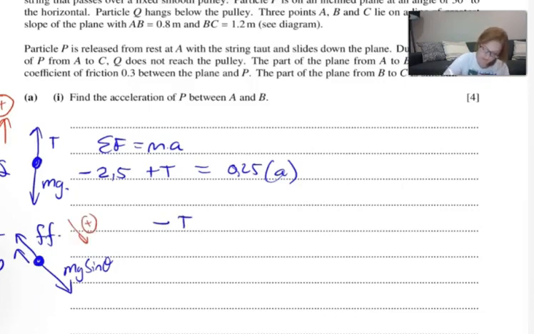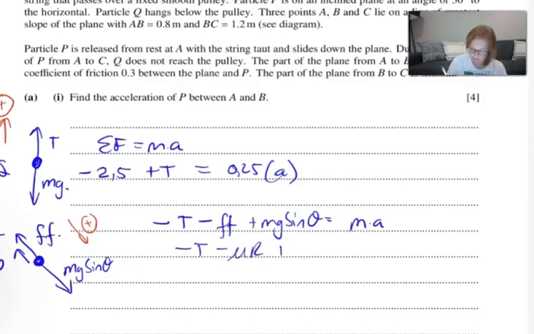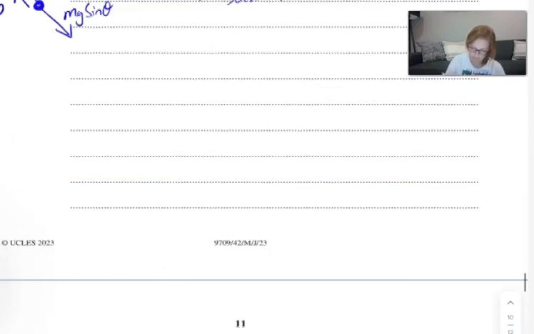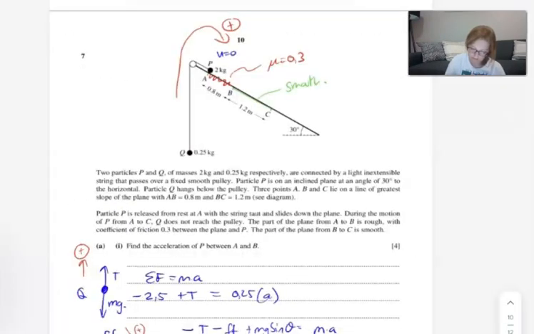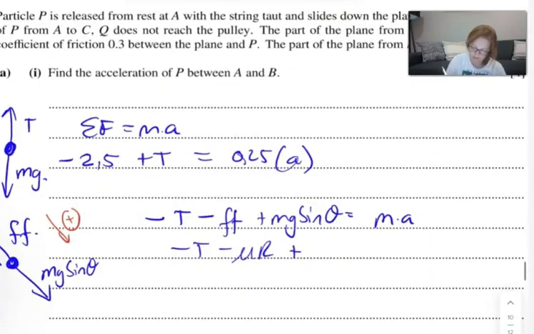Minus tension, minus friction, plus mg sin theta is mass times acceleration. Okay, I'm setting these up: friction is mu times R. My mass is 2 kg.